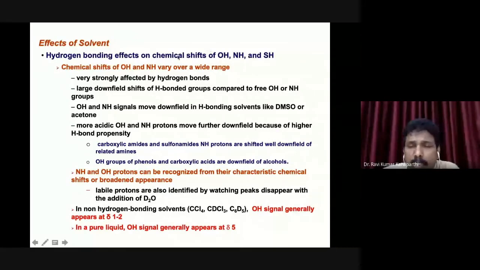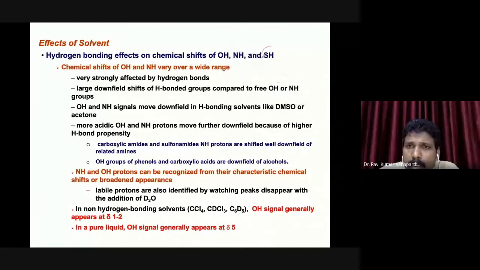For example, in your compound you may have an OH, which can be present in phenols or alcohols, and also in carboxylic acids, right? Similarly, you can have primary and secondary amines, where you will see NH protons, and you can also find a thiol, right?